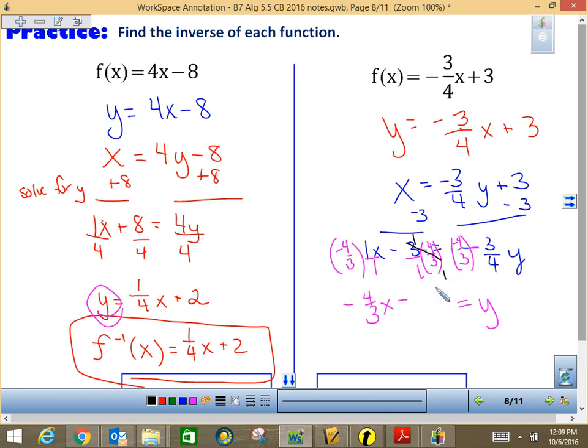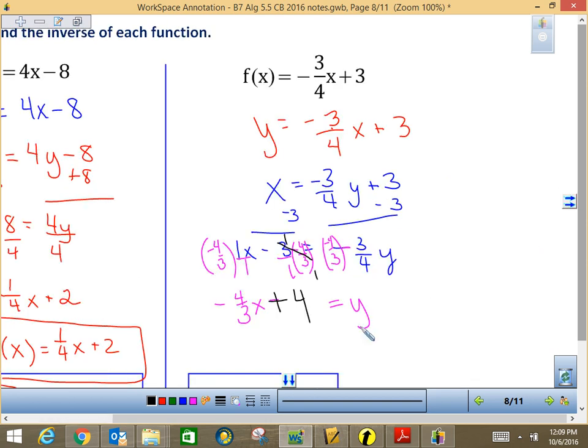That's the same as 1, right? So I have a negative times a negative, so I have to change it to a positive, and I'm going to have a positive 4. And I could have had what Addison was telling us, which was negative 4/3 x minus a negative 12/3, and I agree with that. But you got to simplify this in the answer, so if you can simplify it here, do that.